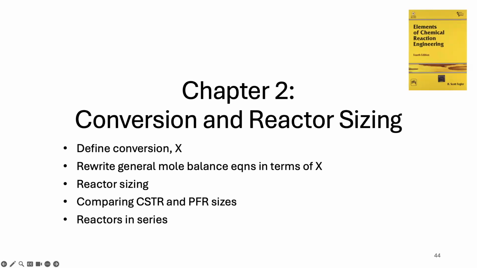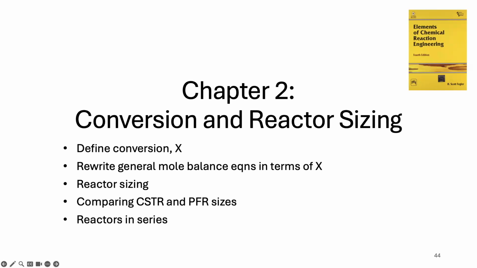In this next video, we're moving on to chapter 2 in our Fogler textbook, and we'll be talking about conversion and reactor sizing. So we'll be defining what conversion means. We'll then be rewriting our general mole balance equations in terms of conversion.